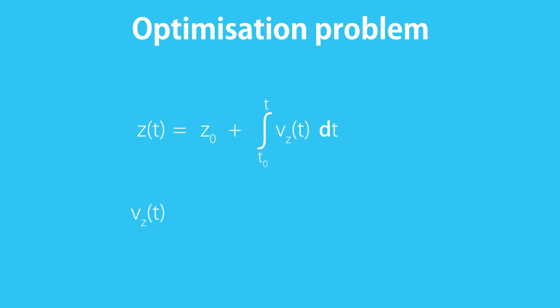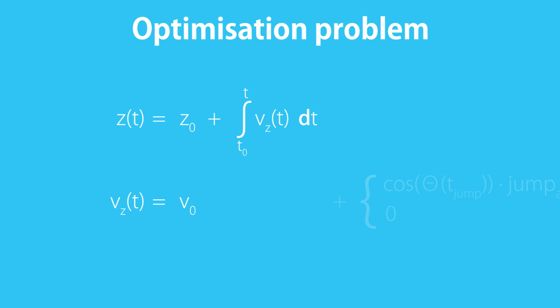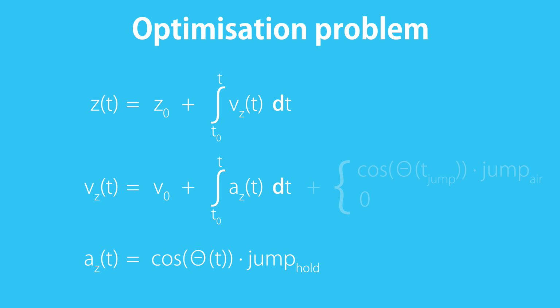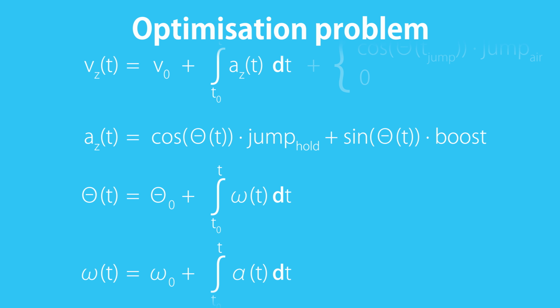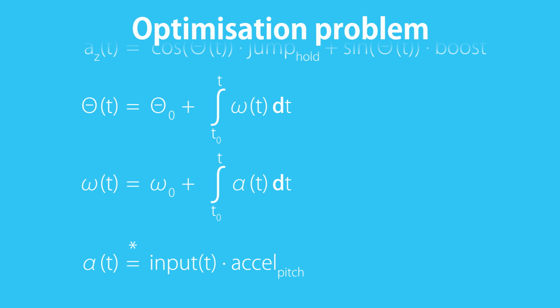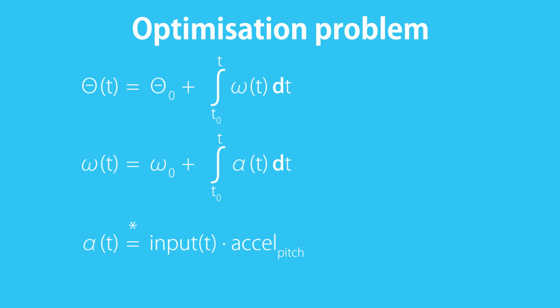The velocity at time t is once again made up by v0, which in our case is the velocity of the initial jump. Then we have the acceleration provided by the first jump, as well as the acceleration from boost. Both of these are relative to the orientation of the car, and that's where the angular velocities and accelerations from the beginning of the video show up. This isn't even the whole picture, but it should be more than enough to illustrate the point.